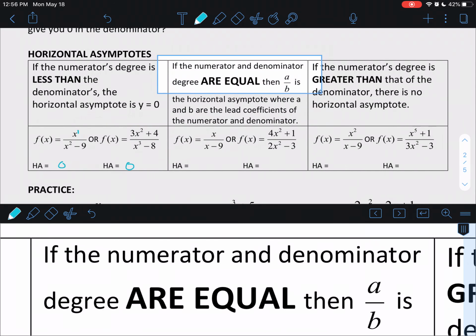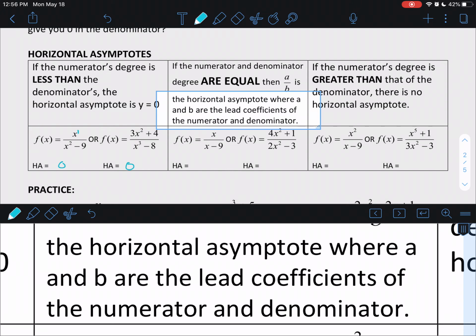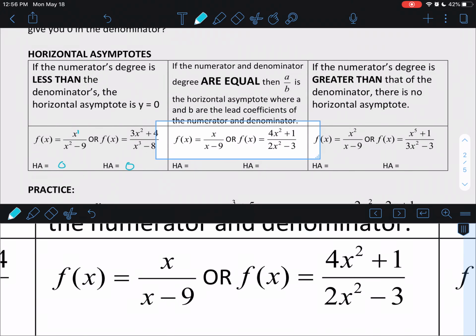The second case is if the numerator and the denominator have equal degree. Then the horizontal asymptote is a over b, where a and b are the lead coefficients of the numerator and the denominator. So here we have x over x minus 9. These are both x to the first, so the degree is equal.